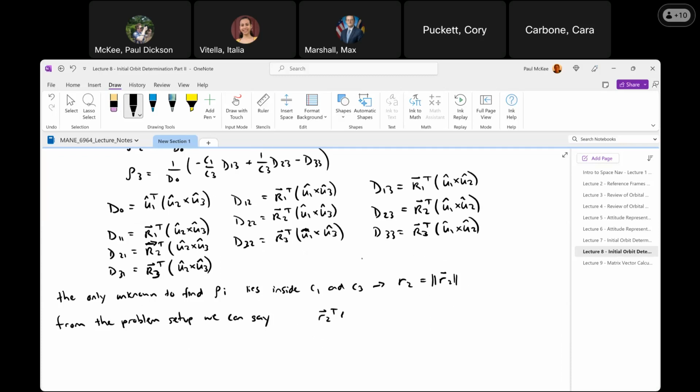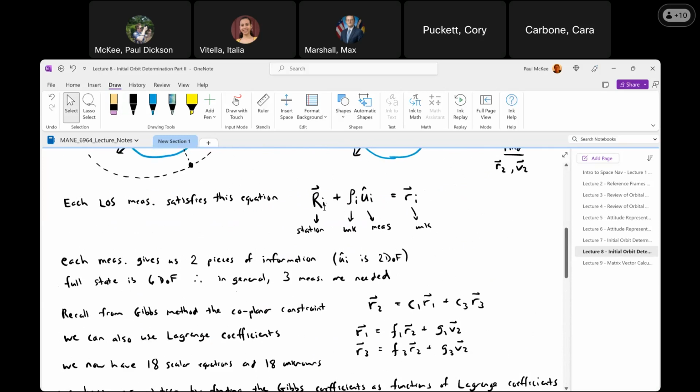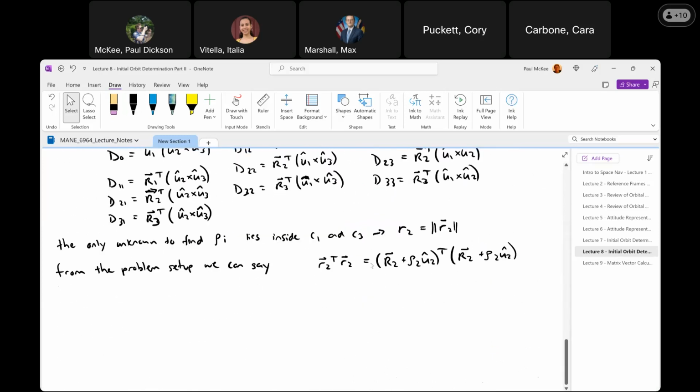R2 transpose R2 is capital R2 plus rho 2 U2 transpose, capital R2 plus rho 2 U2. All we're saying is R2 transpose R2 is the other side of the equal sign from this equation all the way at the top. The position of the orbiting body is the position of the ground station plus the range times the bearing. This hopefully makes intuitive sense.